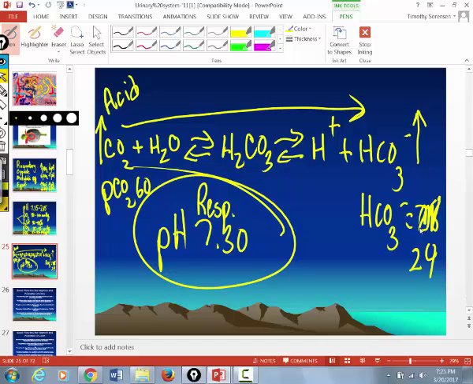So this would be referred to as an uncompensated respiratory acidosis. The kidneys haven't done anything. If it stayed between 22 and 26, you want it to be higher because that would help normalize that pH. So if your bicarbonate level is up more than 22 to 26, your kidneys are trying to compensate.